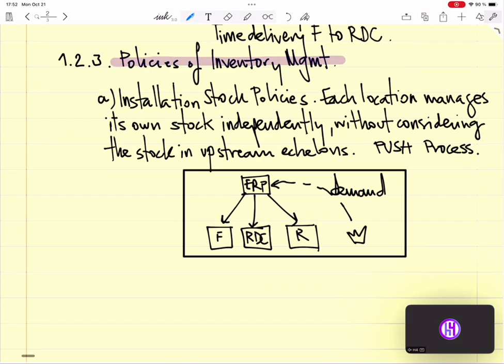The second policy is the so-called echelon stock policy.